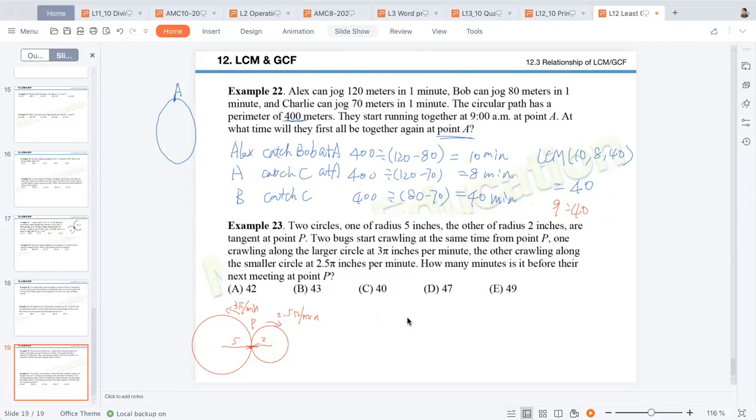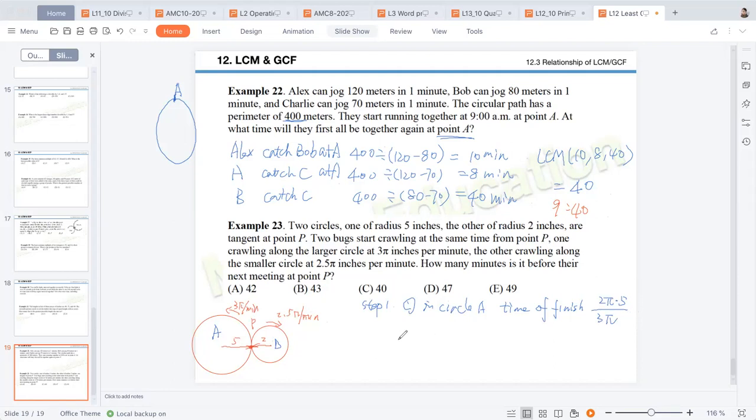Okay, do you have any idea? So step 1. For the bugs, for example, I let them be A and B, okay? In circle A, how long does bug A need to finish one circle? The time to finish one circle is 2 pi times 5 divided by 3 pi.